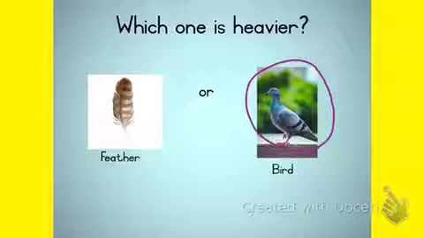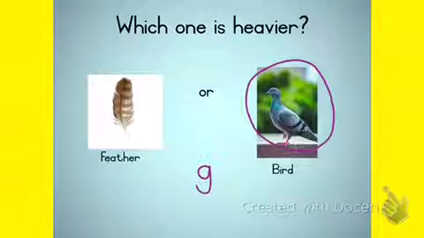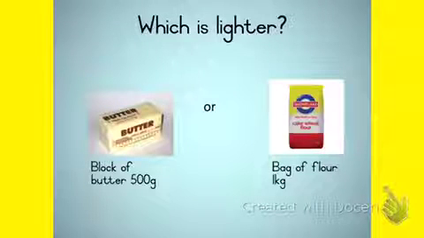And can you take a guess? What would we measure this in? Would we measure a feather and a bird in kilograms? No, of course not. We would measure them in grams because the bird is heavier than the feather, but they are still light. Okay, which one is lighter?